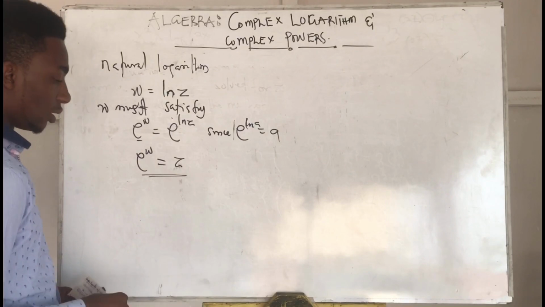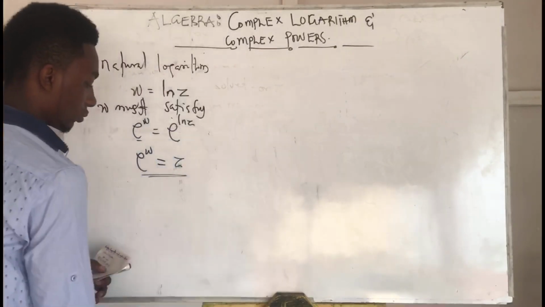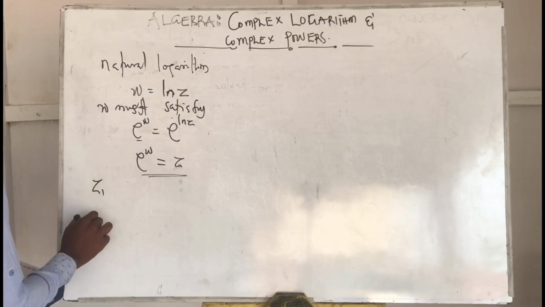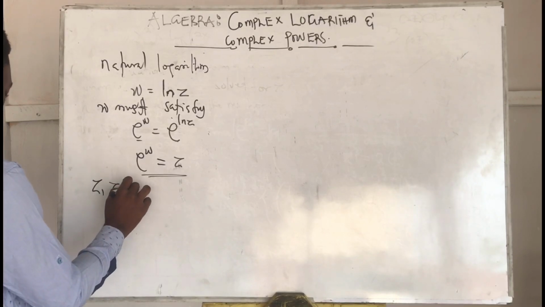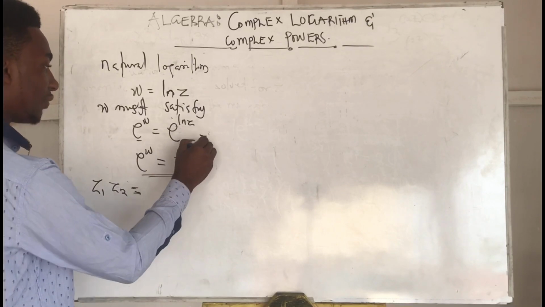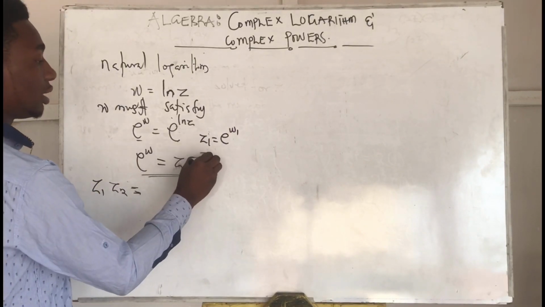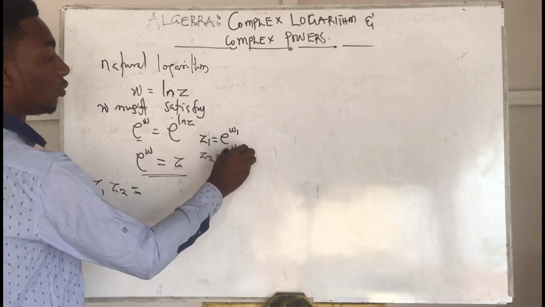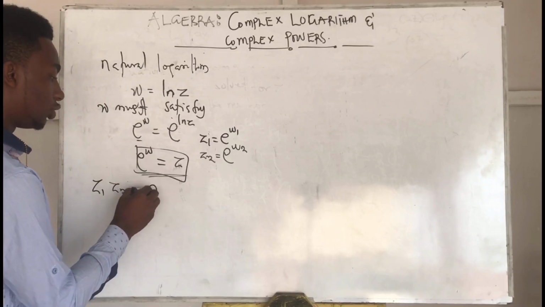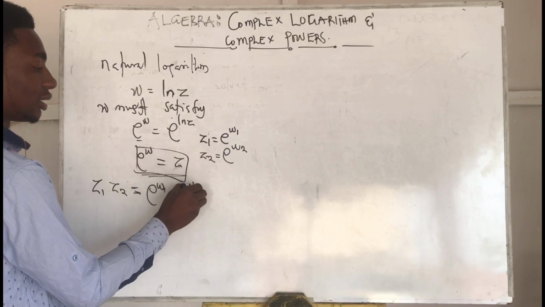Alright, so with this said, we see that if you have Z1 multiplying Z2, that is to say, if Z1 is equal to e to the W1 and Z2 is equal to e to the W2, then multiplying Z1 and Z2 gives e to the W1 multiplying e to the W2.